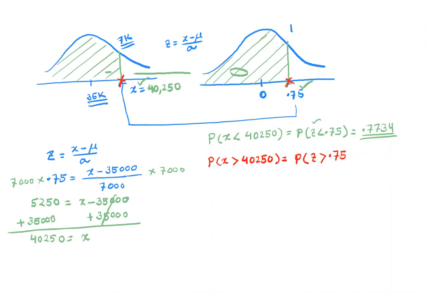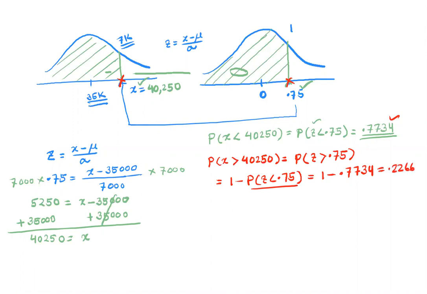That is the same as 1 minus the probability of z less than 0.75, which is 1 minus 0.7734, which is 0.2266.